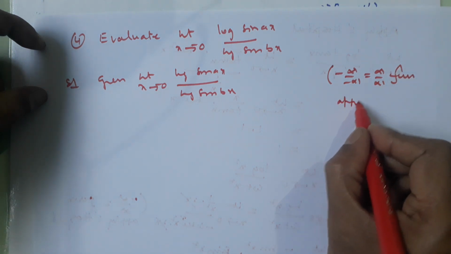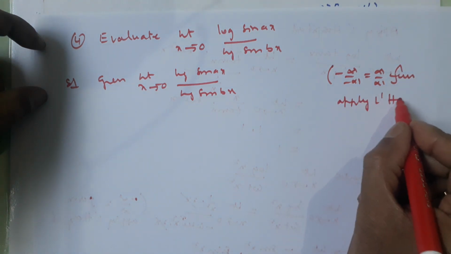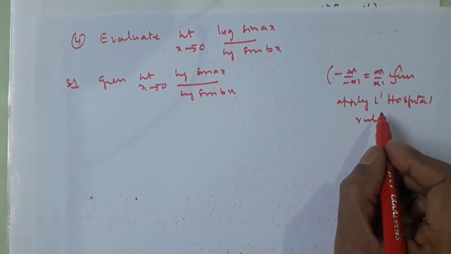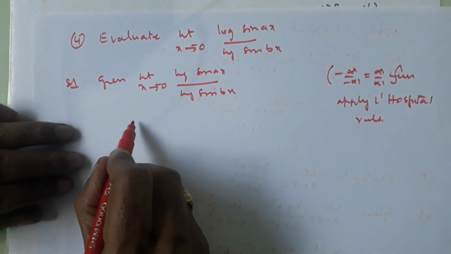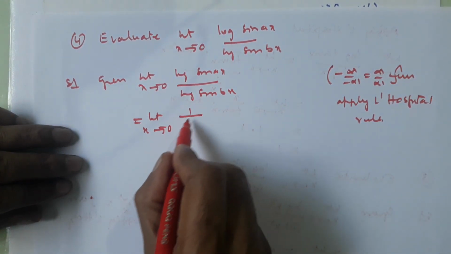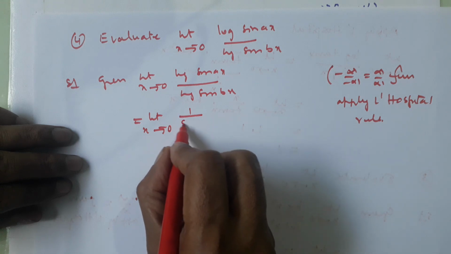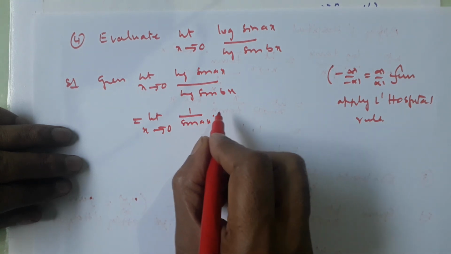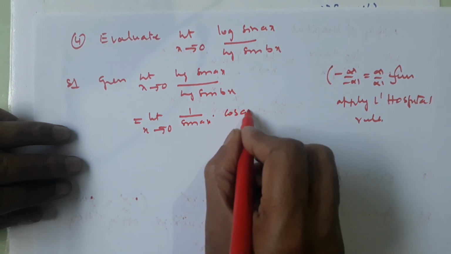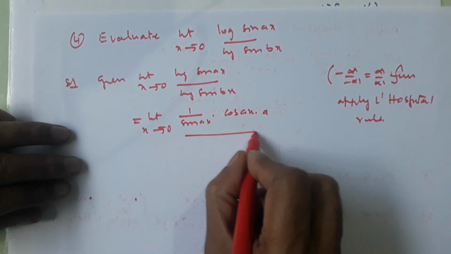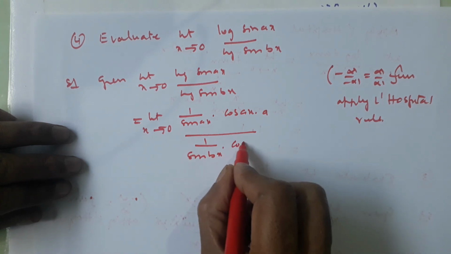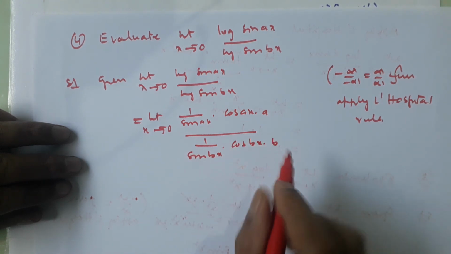Apply L'Hospital rule. This is equal to limit x tends to 0 1 by sin ax into sin ax differentiation is cos ax into a, whole divided by 1 by sin bx into cos bx into b.